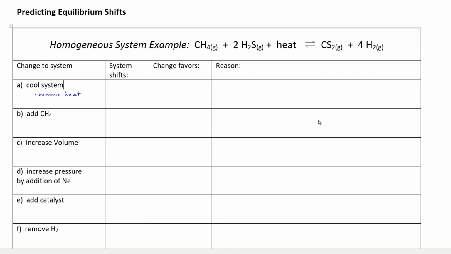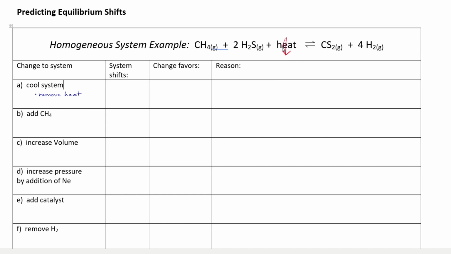Now, don't copy this, but what I would like to show you is one way of visualizing this. If you remove heat from the system or you decrease the heat in the system, recall that the system will respond to reverse your change.